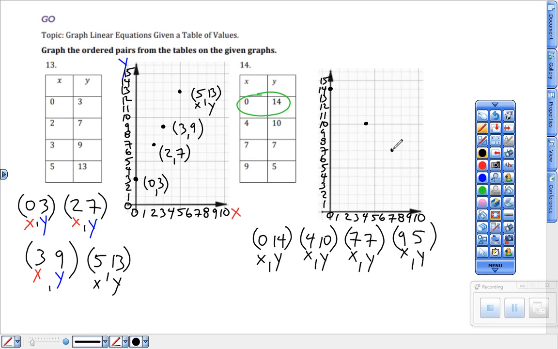And then right 9, up 5. Those are the 4 coordinates from that table. 0 for X, 14 for Y, 4 for X, 10 for Y, 7 for X, 7 for Y, 9 for X, 5 for Y. Remember, always the X-axis is the left or right axis. The Y-axis is the up or down axis. All right, last problems. Here we go.